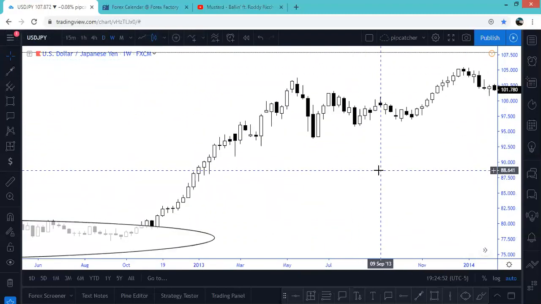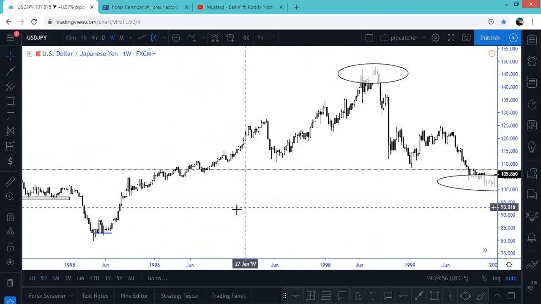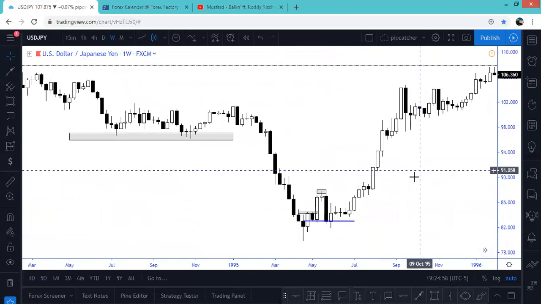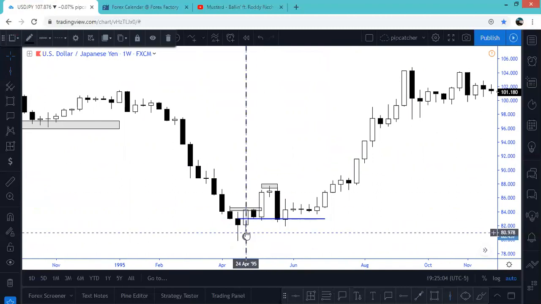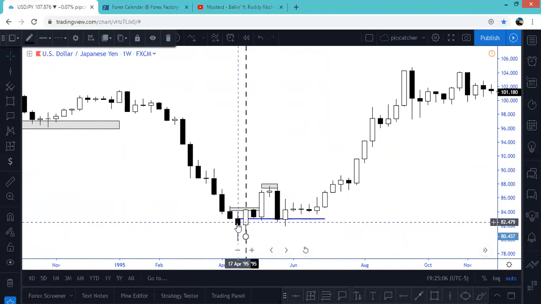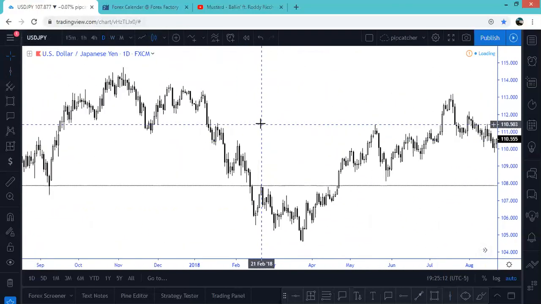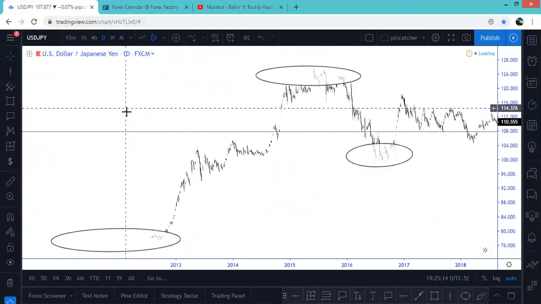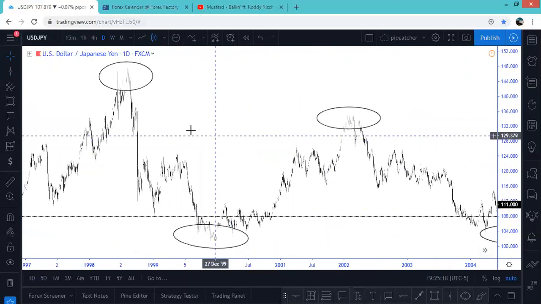Well, if we go back to the weekly and we go to this area again and just mark off the candle right here that engulfed that last down candle before this engulfing, we go back to the daily and we'll see where it started, right? Now remember, we're examining reversal points.